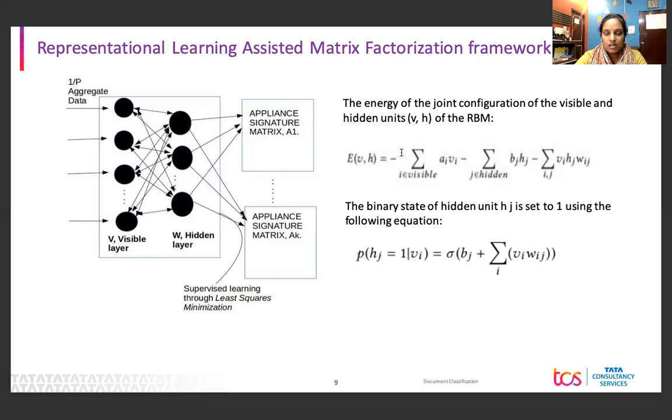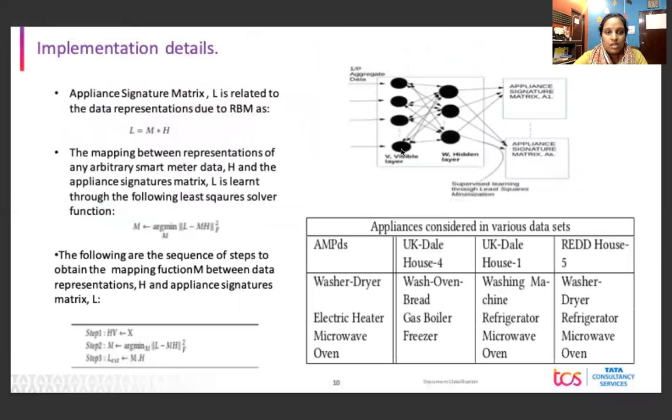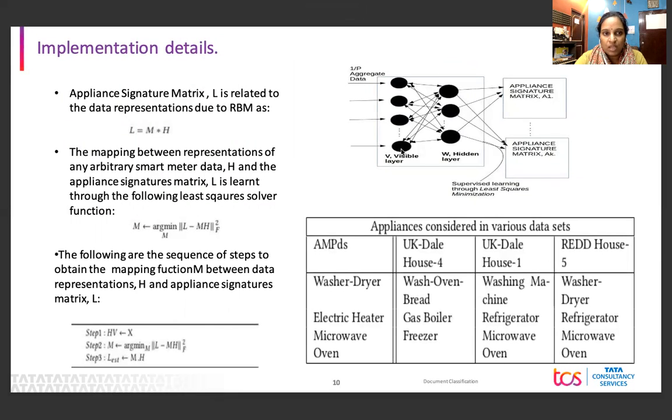Because we are learning the mapping in a regressive fashion, along with the identification, the appliance reconstruction is also enabled. We implement this framework in the following way. The appliance signature matrix L is related to the data representations H through a matrix factorization framework. The mapping between the representations of any arbitrary smart meter data and the appliance signature matrix is learned through the least squares function.